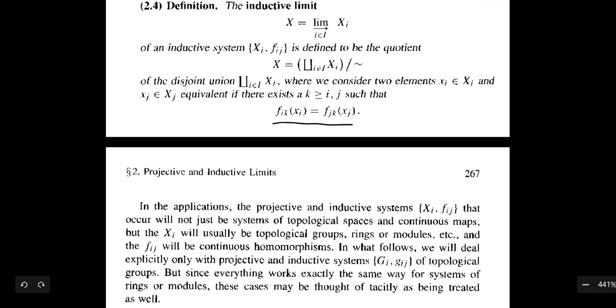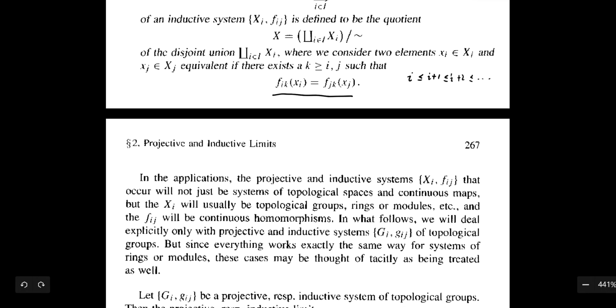The equivalence relation says that two elements are identified if they are eventually equal, following the direction of the arrow, which in this case is less or equal. If you meet far along, that means you have two the same.